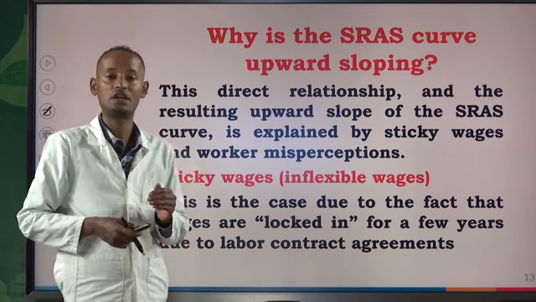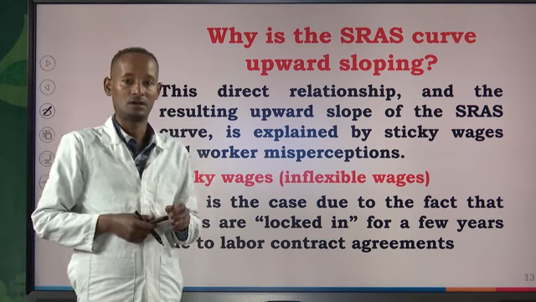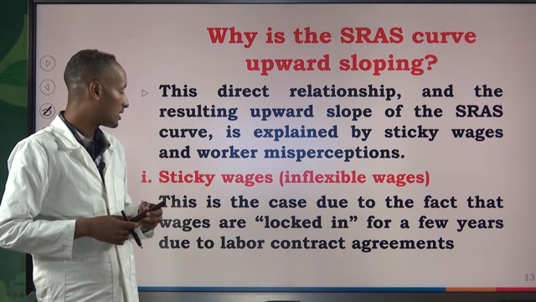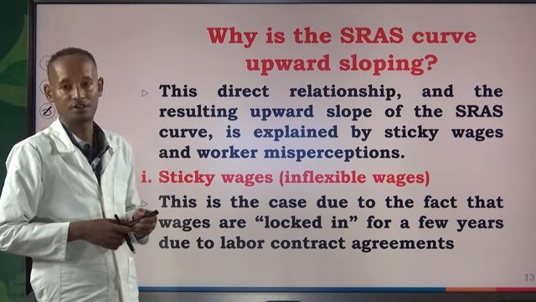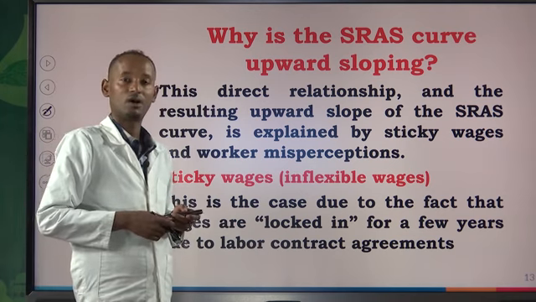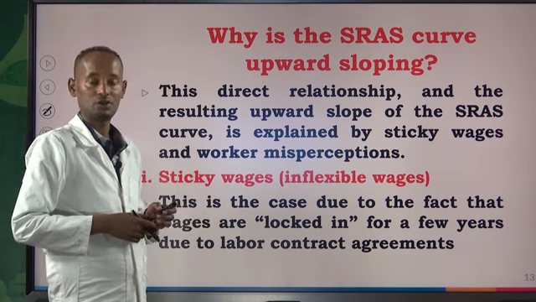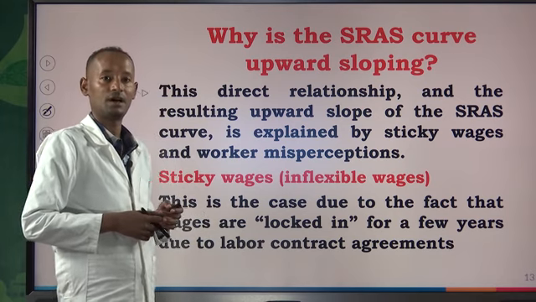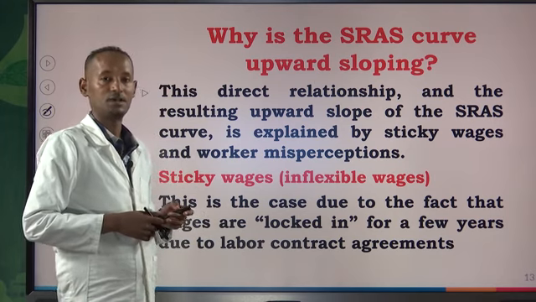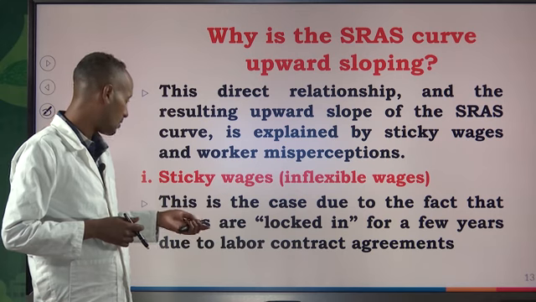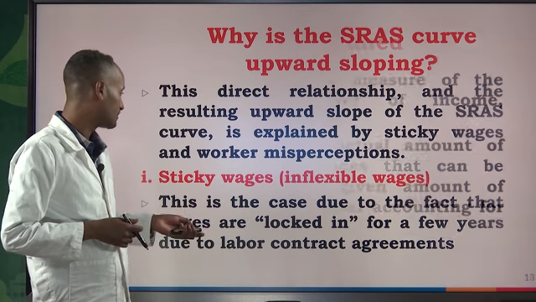That means there is no change in the wage that the laborers or workers can get from the employers. So one of the reasons why the short run aggregate supply curve is positively sloped is sticky wage, or inflexible wage.